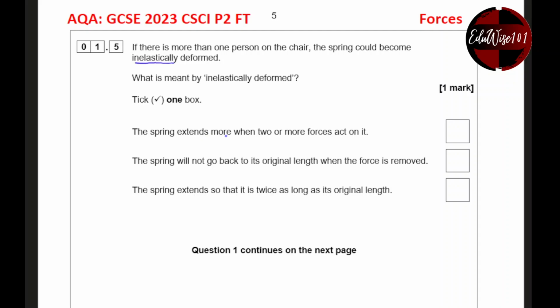The spring extends more when two or more forces act on it. That's not it. The spring will not go back to its original length when the force is removed. That is correct. The spring extends so that it is twice as long as the original length. No. Inelastically deformed is when something changes shape, but it won't actually go back to its original shape.